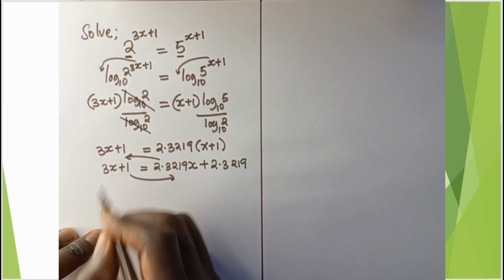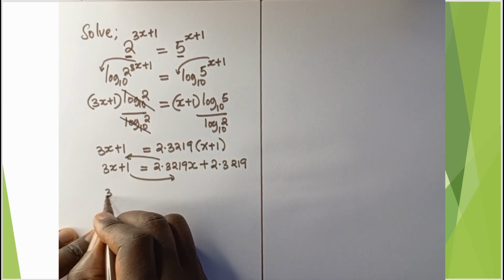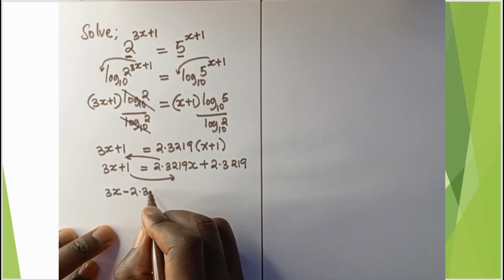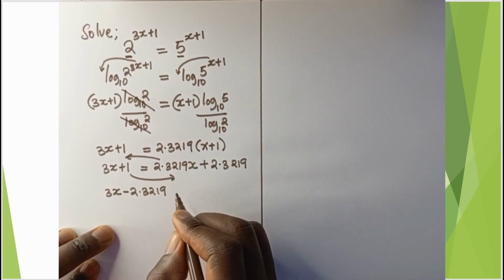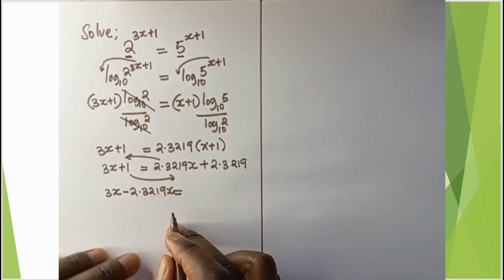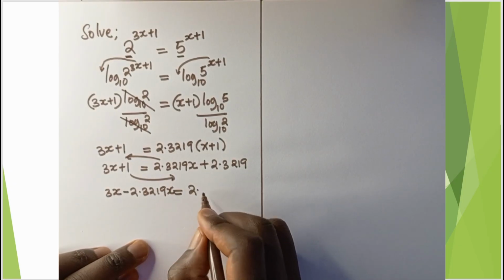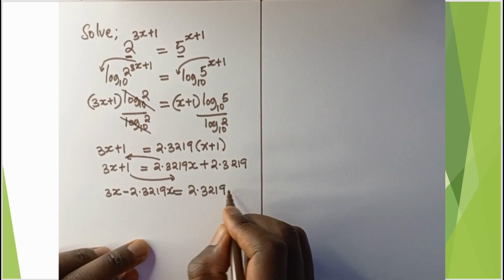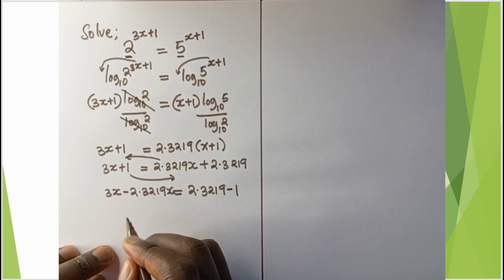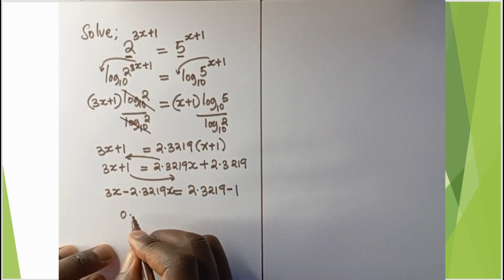When a positive crosses the equal sign it becomes a negative, so we have 3x minus 2.3219x is equivalent to 2.3219 minus 1.